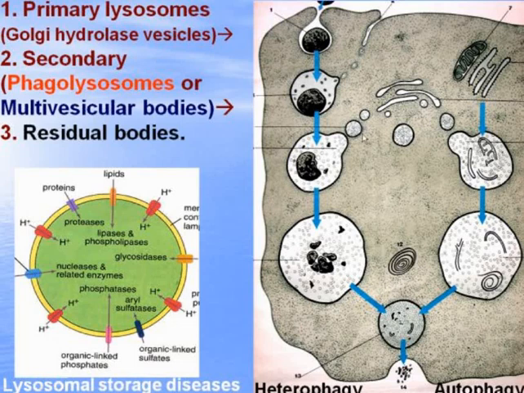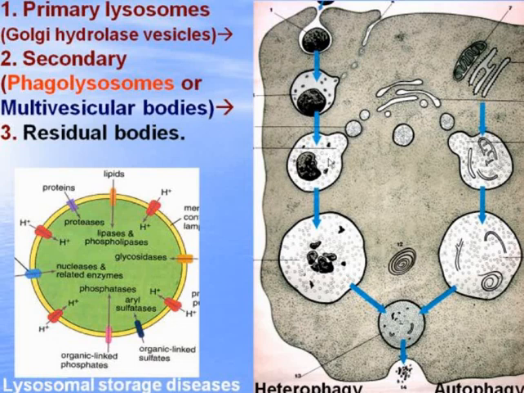And a primary lysosome fuses with a phagosome and produces a secondary lysosome or phagolysosome. If many lysosomes are fragmented, it's multivesicular bodies.